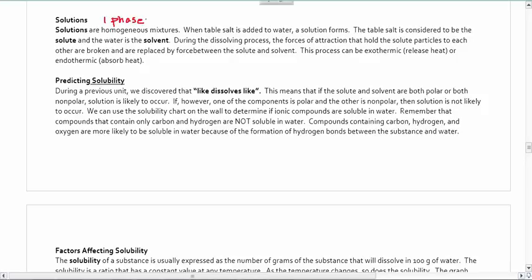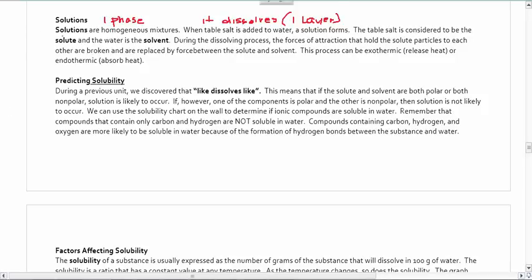So when table salt is added to water, a solution forms. It dissolves, obviously, meaning there is no layer of salt. Again, this is one layer. Table salt is known as the solute, and water is the solvent.